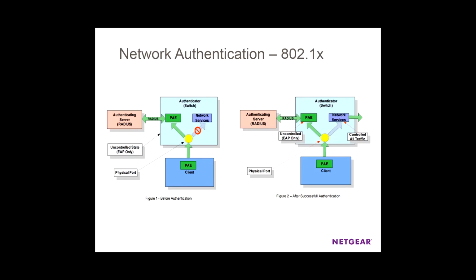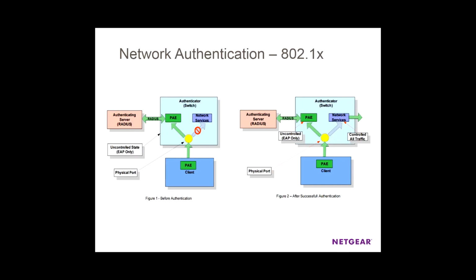For the network authentication here, what we can see is this .1x. We have the client again, and the clients get connected to the network switch where we have these physical ports.